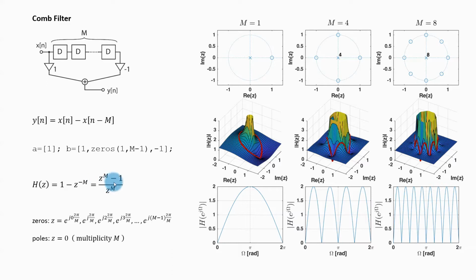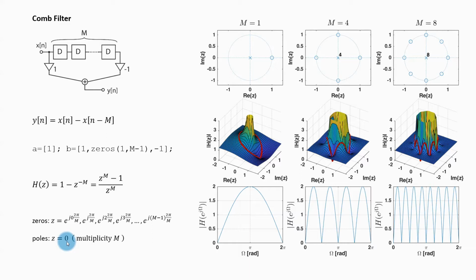This numerator will give you these m zeros, and this denominator will give you a pole at 0 with multiplicity m. Now these zeros will be evenly spread around the unit circle, and this pole will sit at the origin. This is always the case for FIR filters.